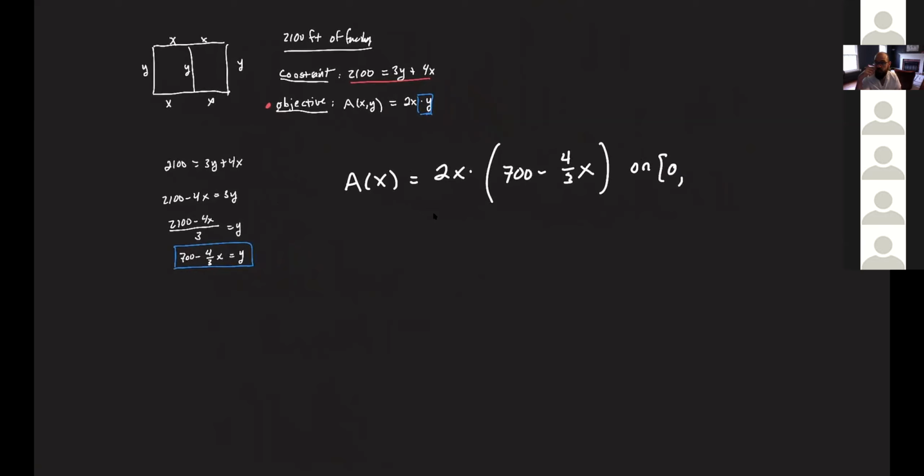what's the maximum value? Could be 2100. Okay, so yeah, 2100 is going to be all of the fencing we could use, but remember, we have to put fencing in all of these spots. So how many x's are there? There's 4, right? So 4 x's. So I couldn't put 2100 at each of them.